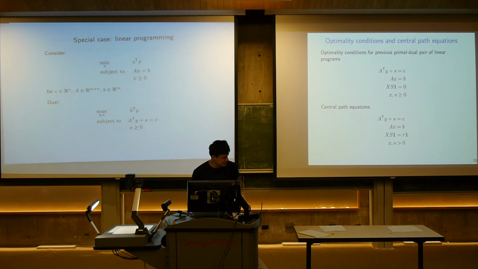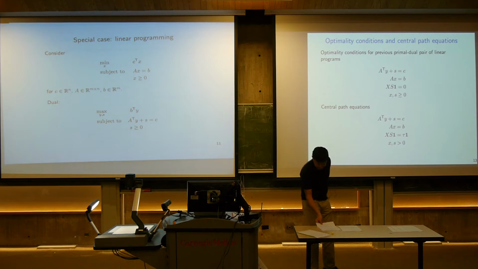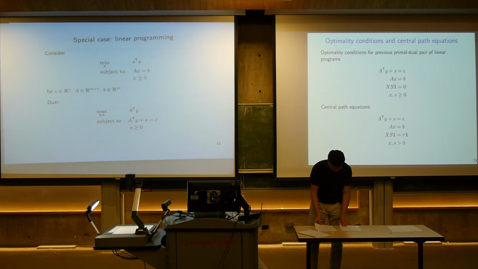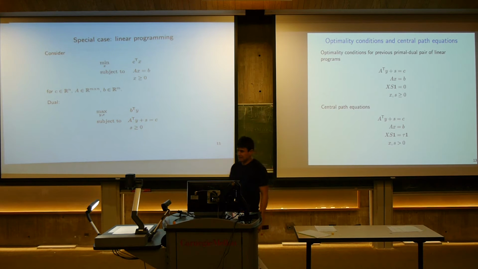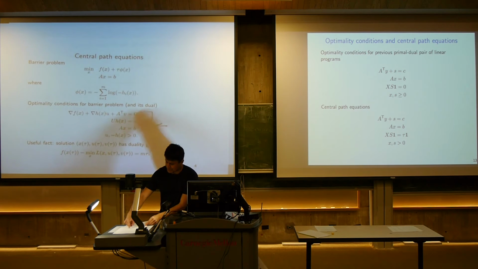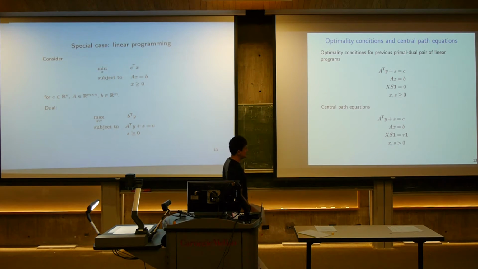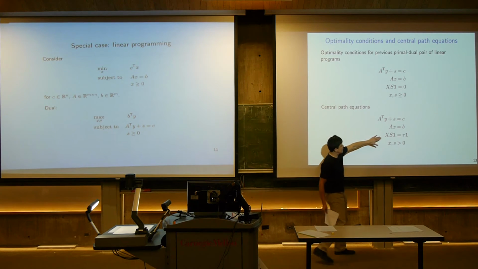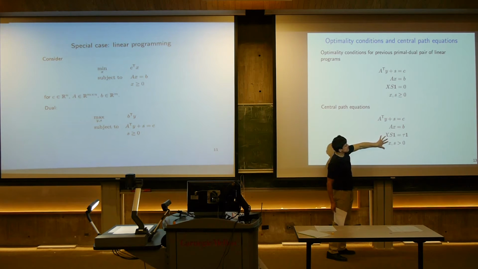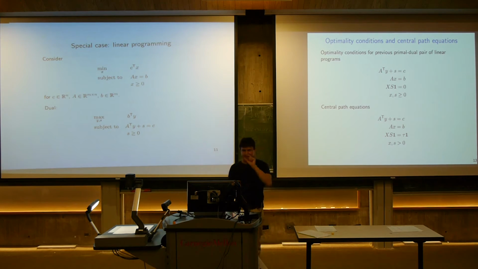So if we think about the central path equations, let me put them back here. If we think about the central path equations for linear programming, these are our two problems. The central path equations before had this form. In the linear programming case, it turns out that the central path equations have this much more compact form, in part because the primal and dual constraints are nice and linear.